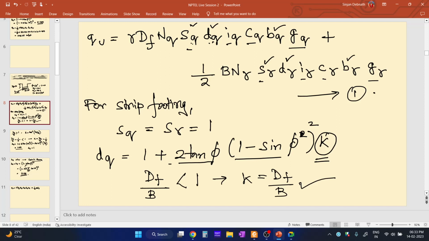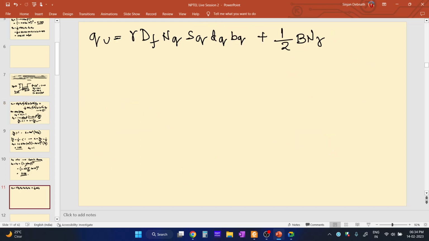Inclination factors, compressibility factors and the sloping factors are not included.